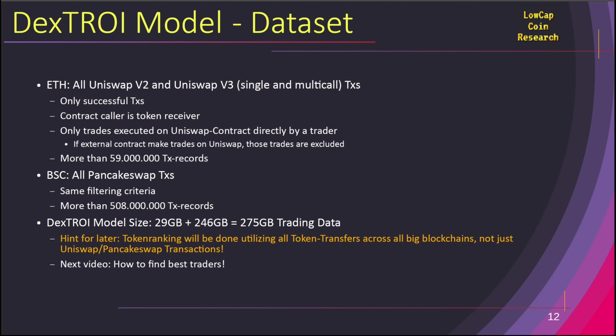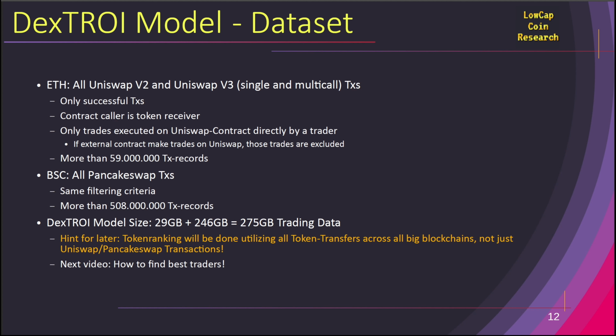Now I want to talk about the dataset. As I said before, the DexTROI model doesn't have all the data, and therefore the certainty of some transactions can be less than 100%. My DexTROI model has all the trade transactions from Uniswap v2 and v3 on the Ethereum chain, and all transactions from PancakeSwap on the Binance Smart Chain.